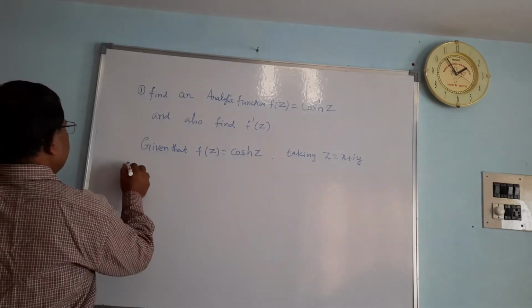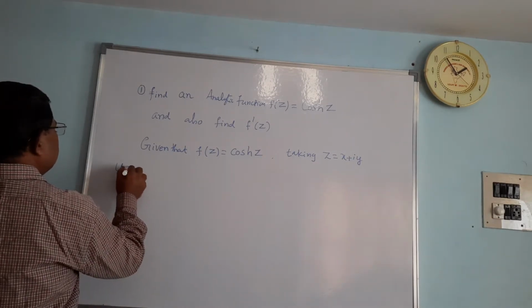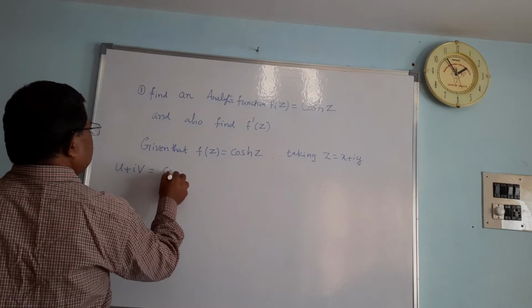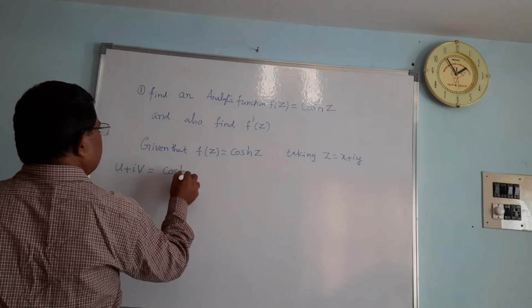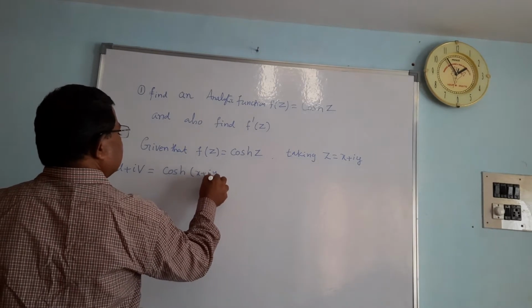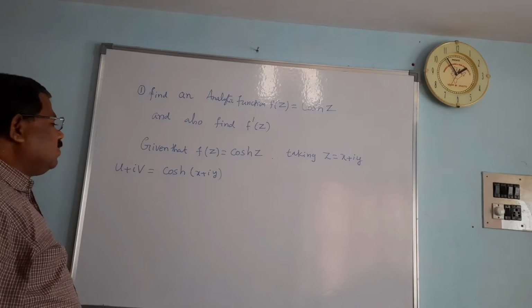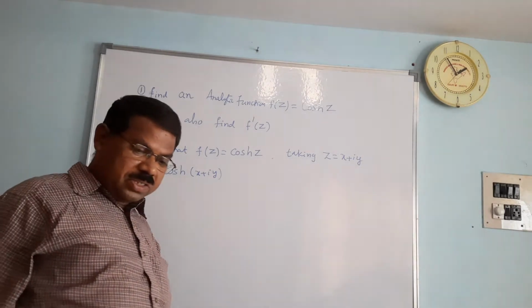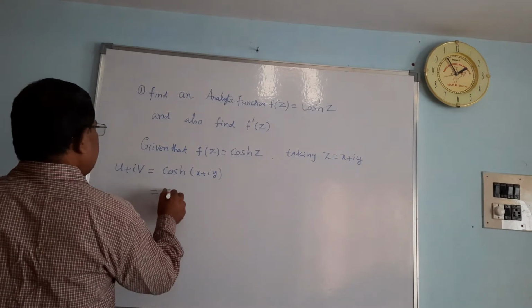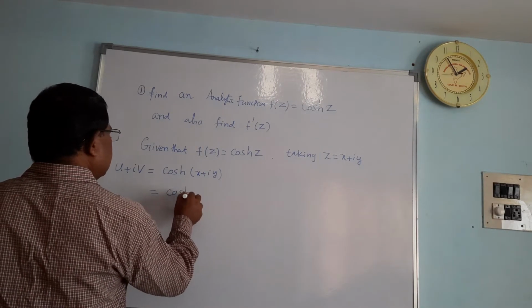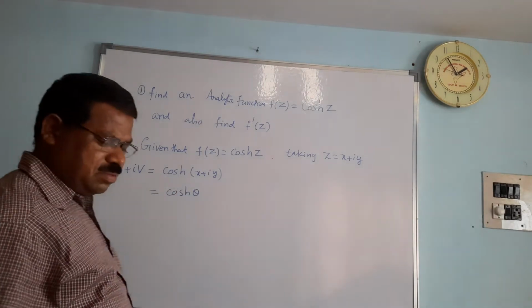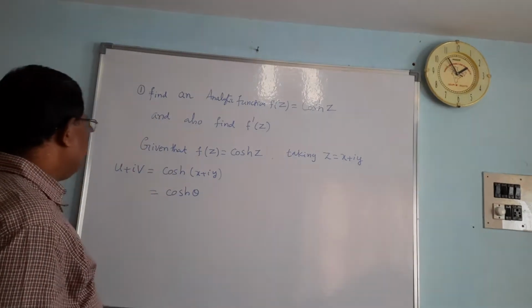What is f of z? f of z equals u plus iv, so cosh z equals cosh of x plus iy. Here we consider cosh of theta, taking x plus iy as theta.